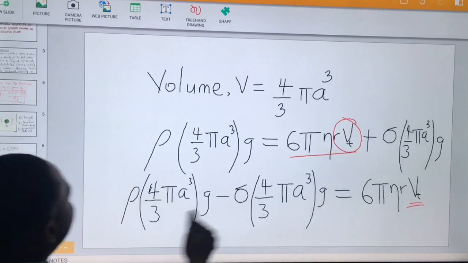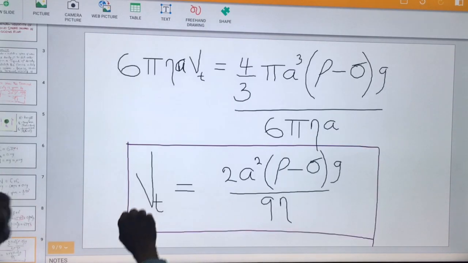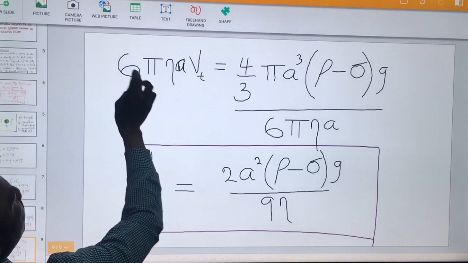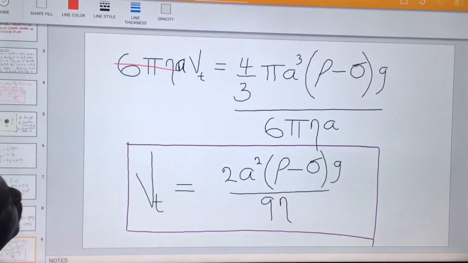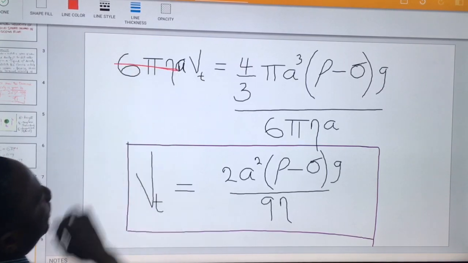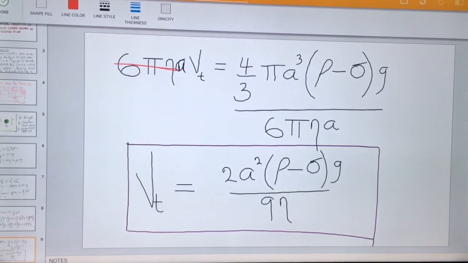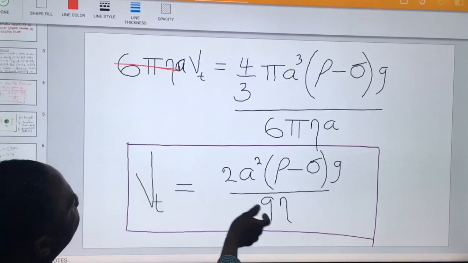When we make this the subject of the formula, we divide through by 6π ν a, and that will give us the terminal velocity.